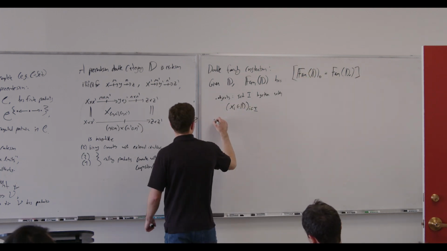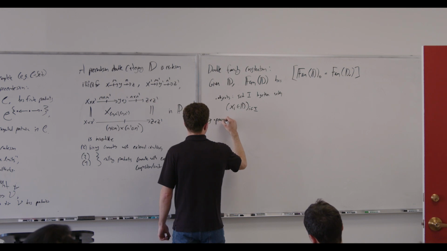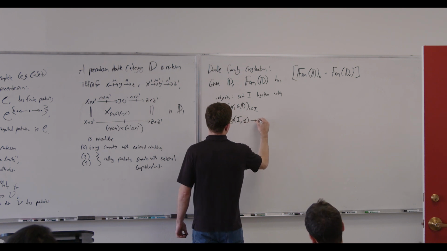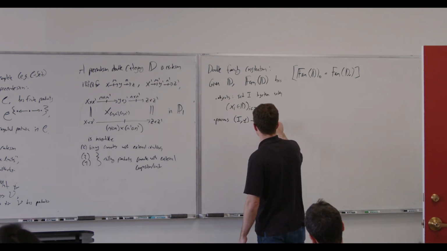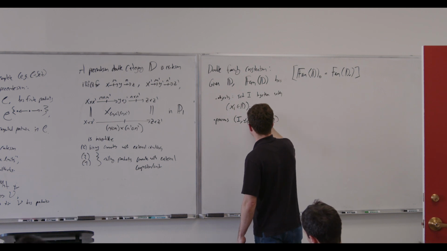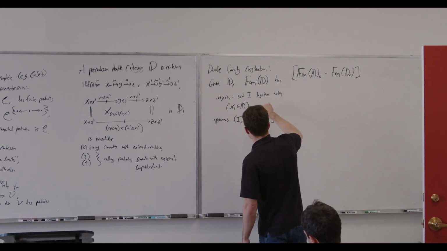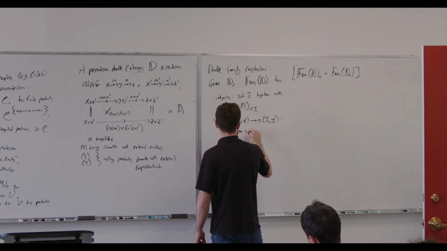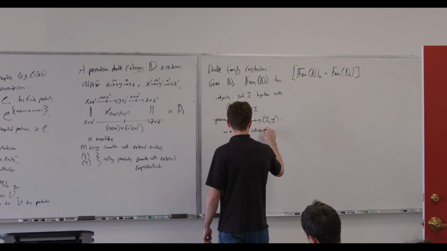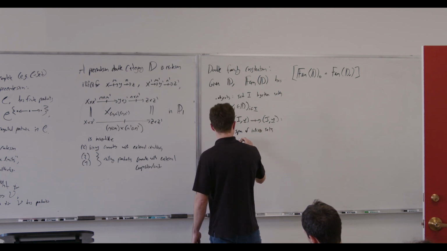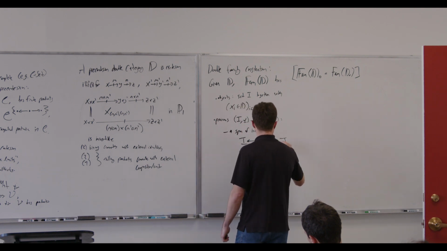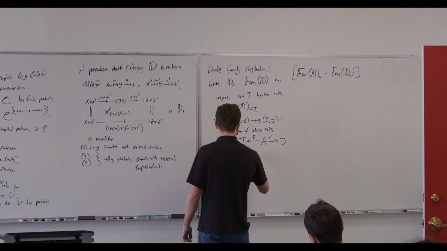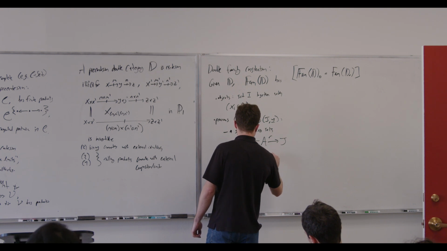More interestingly, the pro arrows from an indexed family to another one are a span between the indexing sets together with a family of pro arrows that are indexed by these.